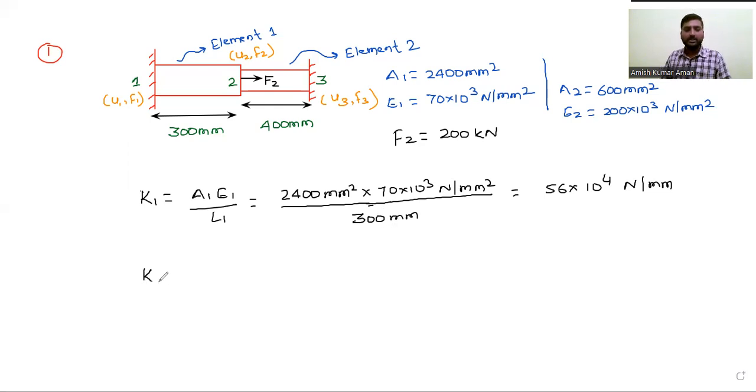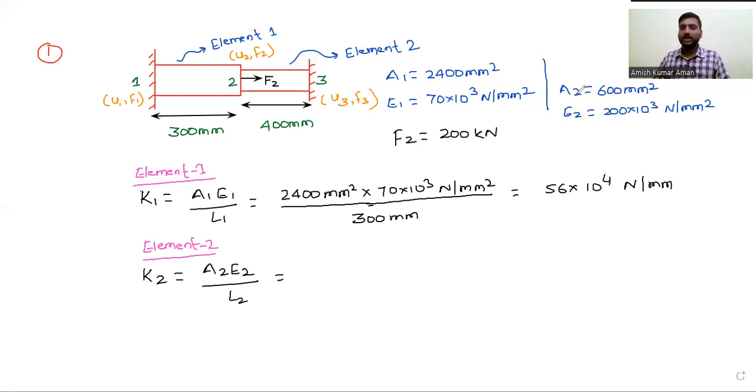Similarly, we calculate K2. That was for element 1, K1, and now I am going to calculate for element number 2. So for element 2, K2 will be A2 E2 upon L2.